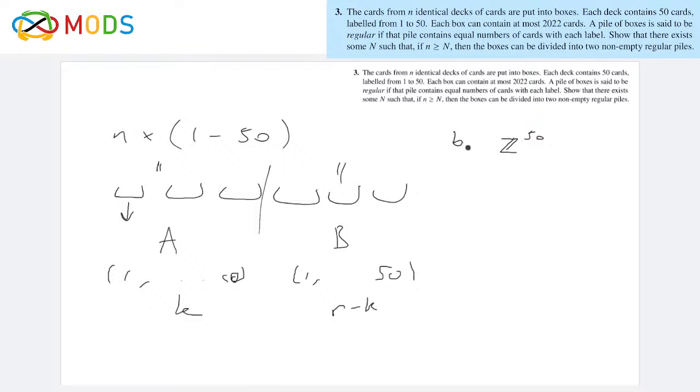Don't you have to mod out by 50? Oh wait, no. Hold on. No, you don't mod out by stuff. It's not in Z to the 50, it's Z to the 50 with constraints.